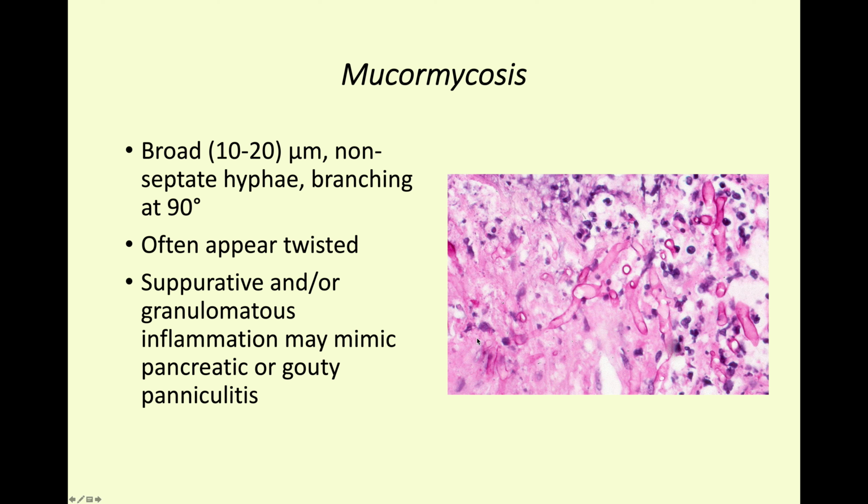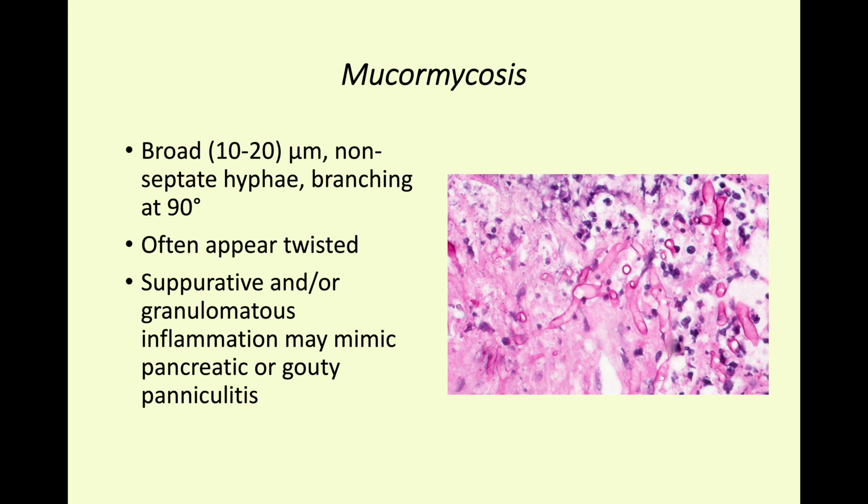I have one lovely case that when I looked at it first, I thought I was looking at pancreatic fat necrosis, but fortunately I looked at high power and came across some fungal hyphae, and the special stains really showed up very, very dramatically.